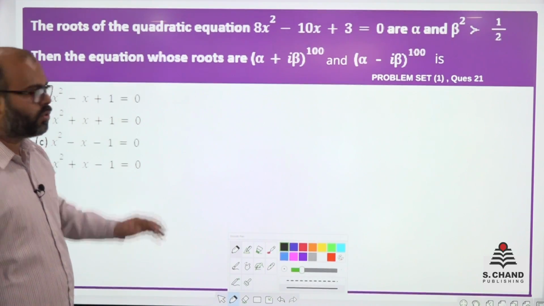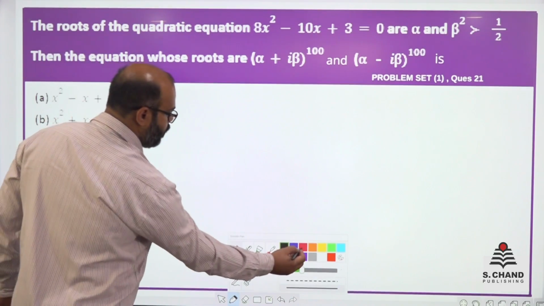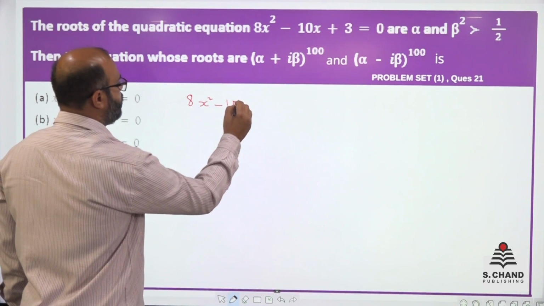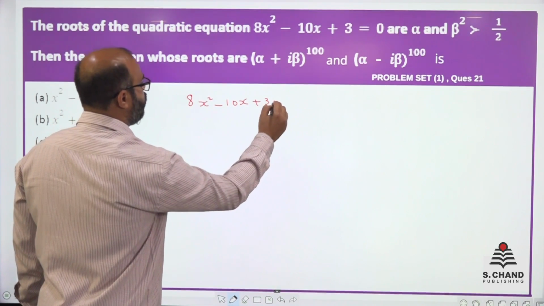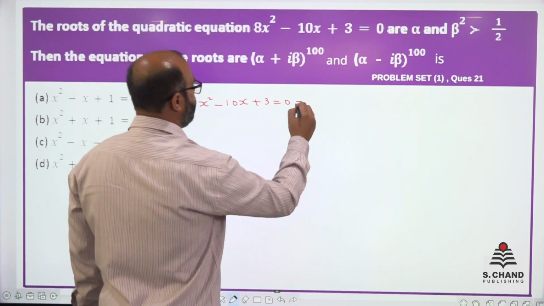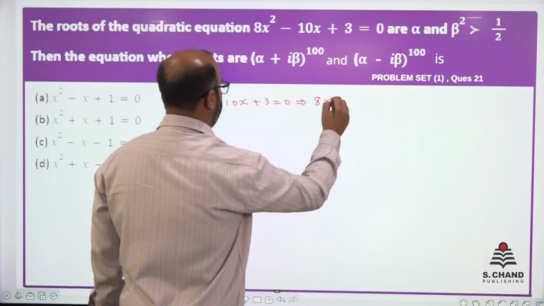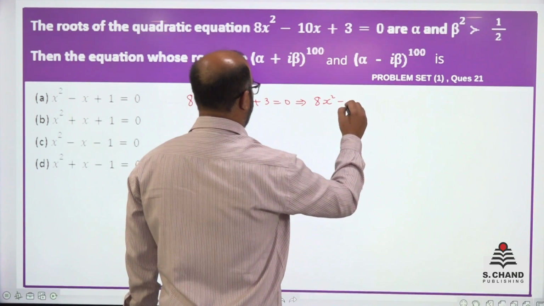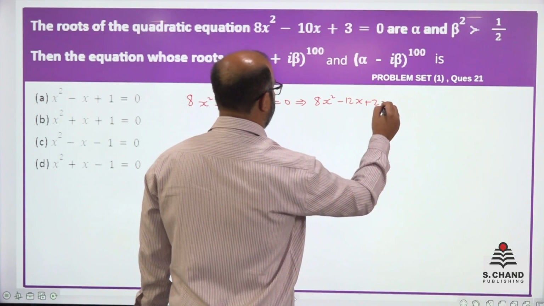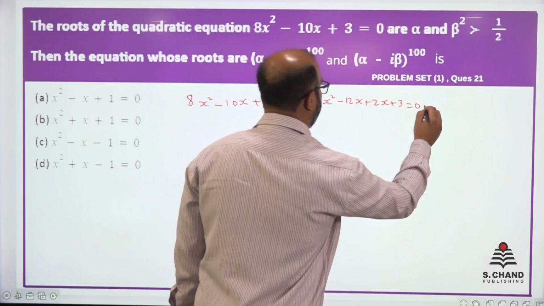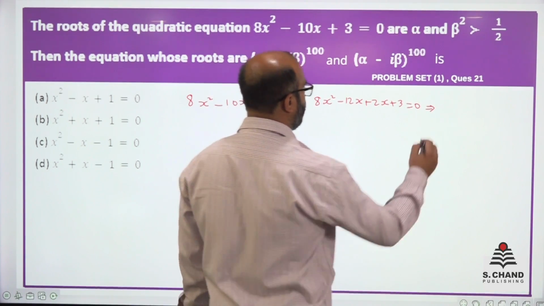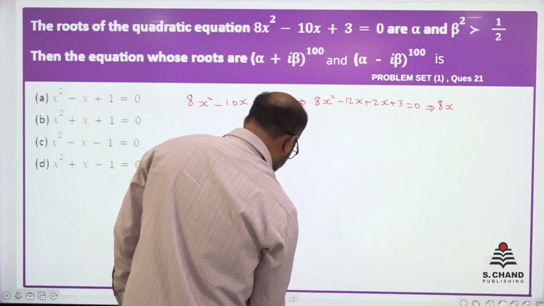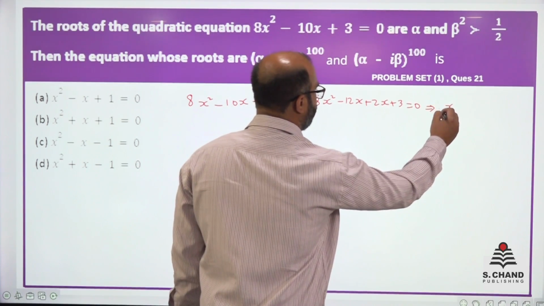First let us find the roots. 8x square minus 10x plus 3 is equal to 0. This implies 8x square minus 12x plus 2x plus 3 equal to 0. We are doing middle term splitting. So 4x will be common, right?